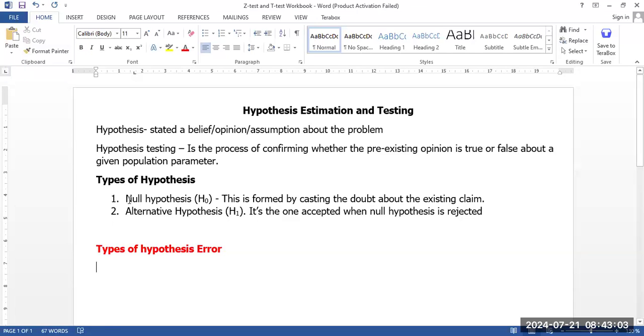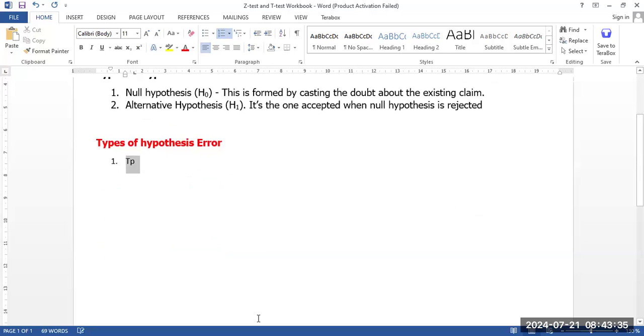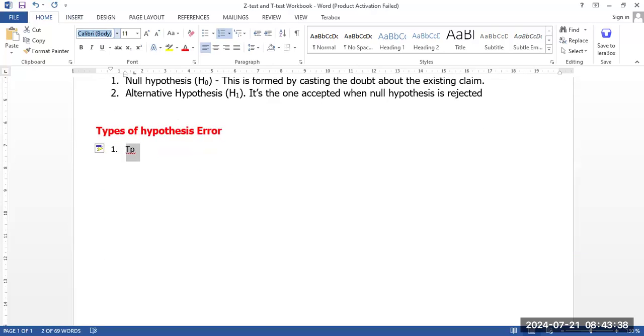Along the way you may accept a null hypothesis which is not true, and you may reject a null hypothesis which is not true. The first one is type 1 error.